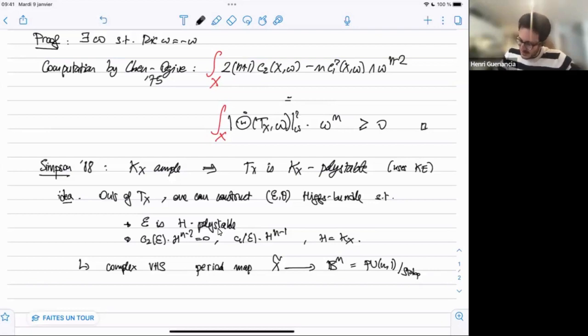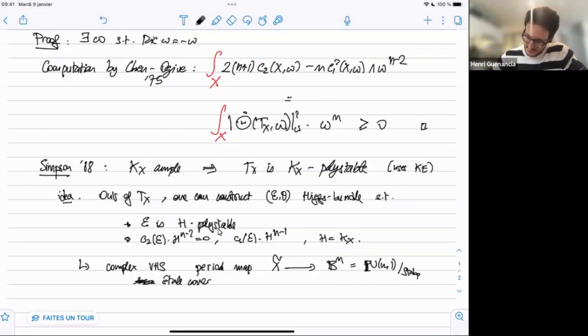You see the (n,1) is related to the decomposition of E as T_X plus O_X, but I won't say much more than this. And that period map is actually a cover, so it is a local isomorphism, so it is a cover. So in particular, it is an isomorphism. Okay, so this is how Simpson reproves uniformization for the varieties with K_X ample and satisfying the Miyaoka-Yau equality.